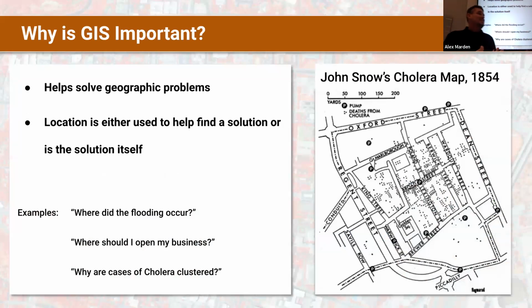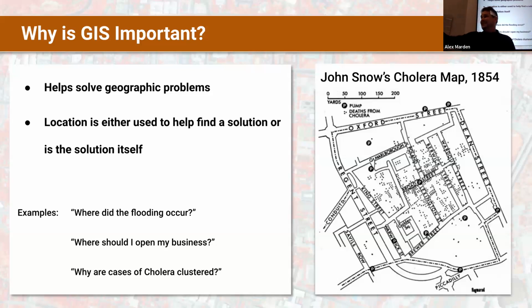That's an example of one: where is the building located that I'm trying to go to? But we have a lot of other geographic problems. Where did the flooding occur? Or where is the flooding likely to occur? Where is the wildfire? Where should I open my business to be most effective in terms of my target customers? Those sorts of questions we can use geographic information to help us answer.